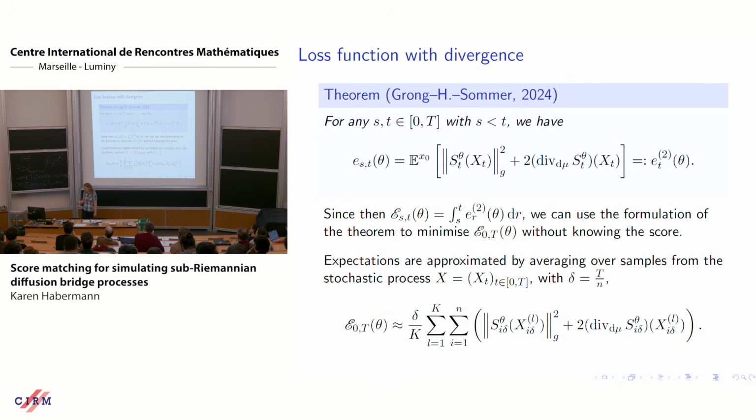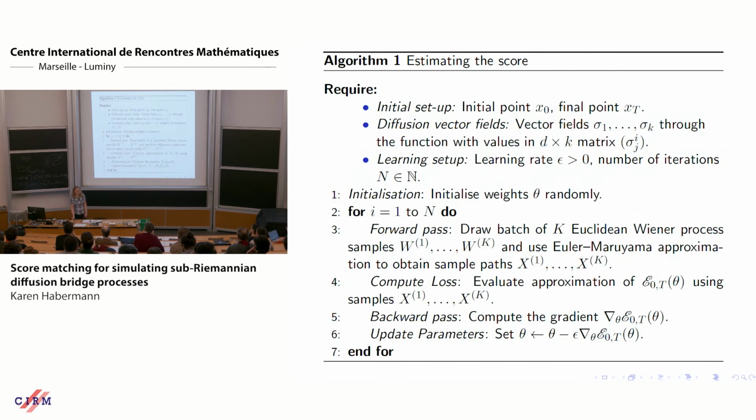Okay, and maybe just to put that out, that's how the algorithm, or the pseudocode, would look. You have your input, which is your initial point, the point where you want to end up. Then your sub-Riemannian structure, which is fed in with the vector fields. Then a few things you do need for the learning.